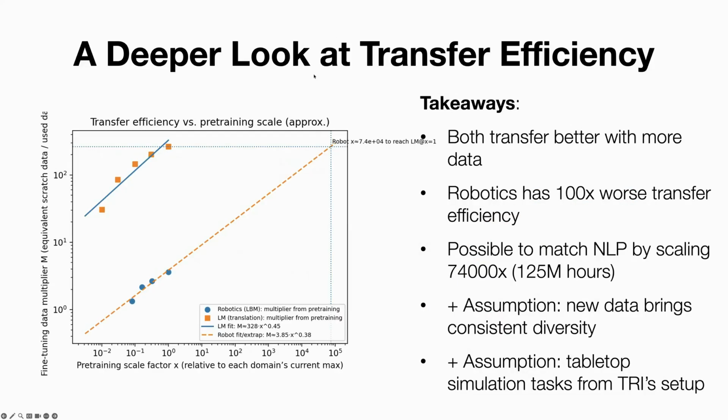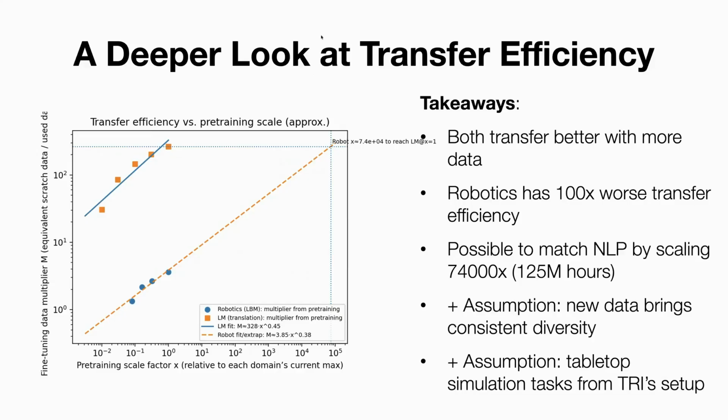But if we take this plot and compute the transfer efficiency as I was showing, from the 2021 OpenAI paper, then we can see how much it differs. The good news is that both domains transfer better with more pre-training data.